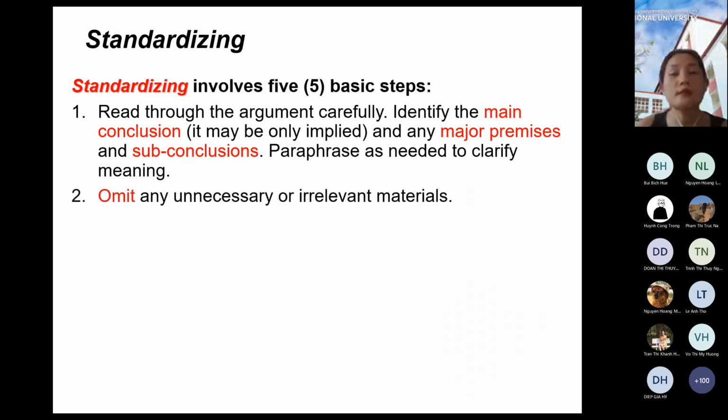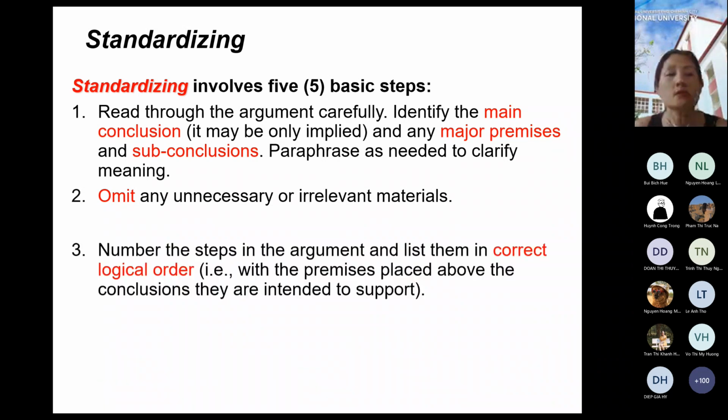Okay. And then the second step suggests that you omit any unnecessary or irrelevant material. And we see that, right? Sometimes we say so many things, sometimes we add irrelevant or unnecessary information to our arguments. So in such a case, when you analyze longer arguments like this, you need to remove or omit this irrelevant or unnecessary information.